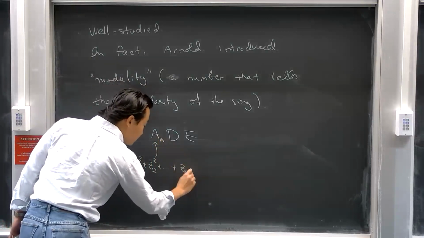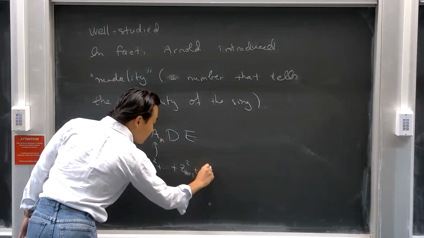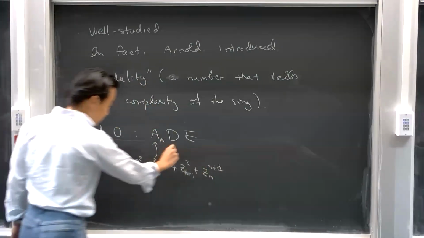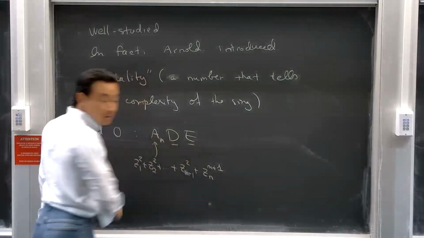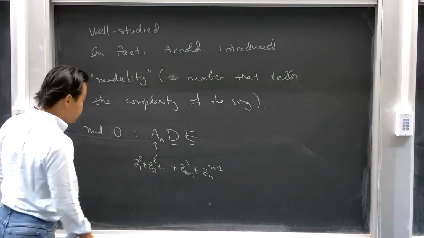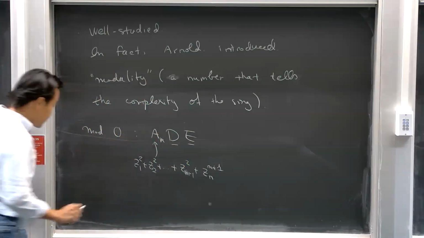The A_n singularity looks like this. And there are corresponding polynomials for D and E singularities as well, but I'm not going to write them down. Anyway, ADE singularities, maybe you've heard of them somewhere.